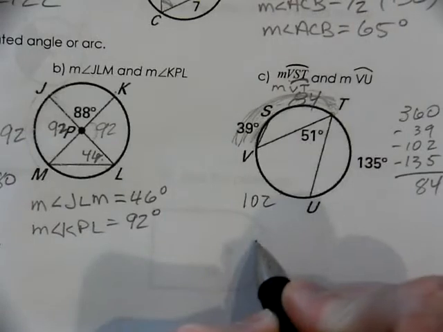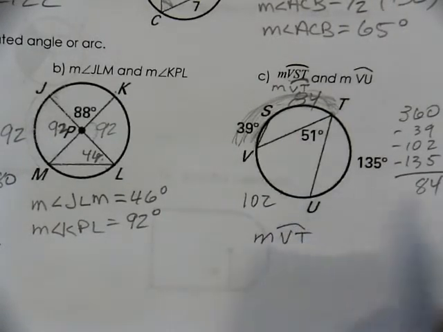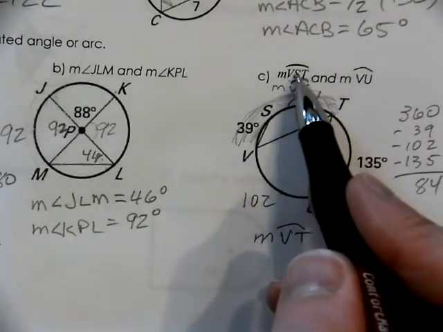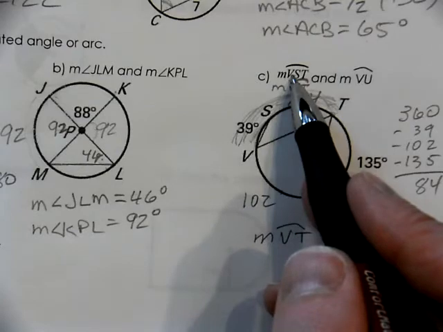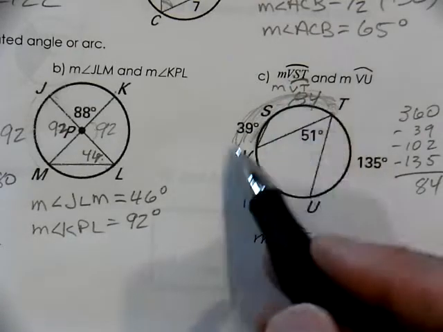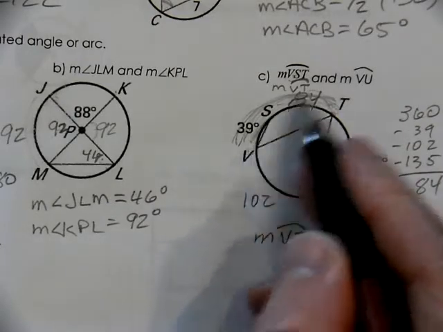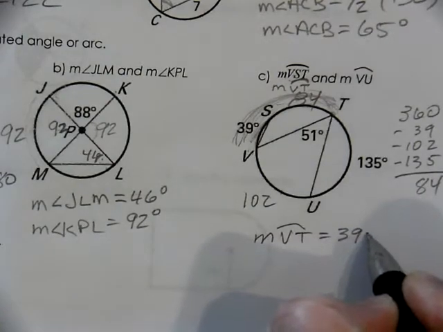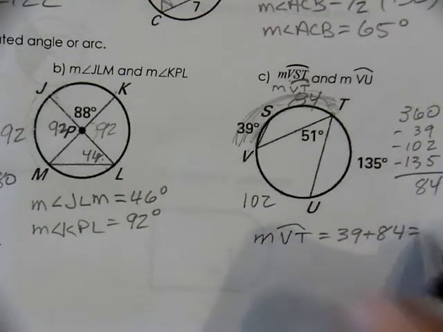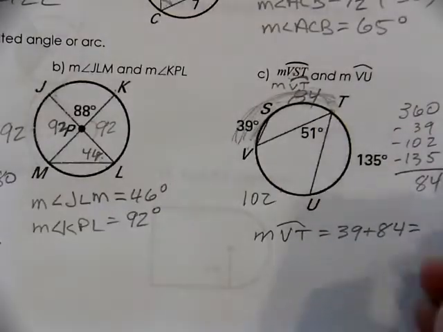So if we're going to try to find the arc VT, because it's not VST, because that should be 3 letters, implies that it's 180 degrees or more. This is less than 180 degrees. So we'll just say V to T. That's 39 plus 84. That's 123.